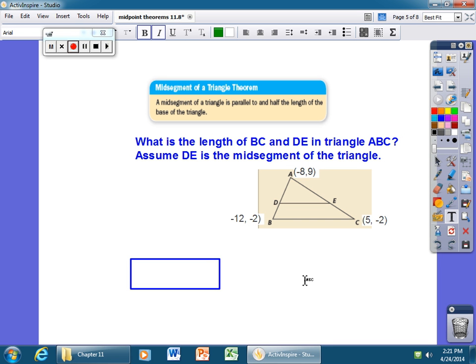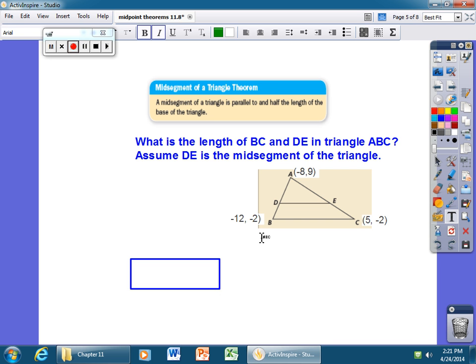Now again, to be a midsegment, first it's going to have to be parallel to the base, and it also is going to have to cut these two sides into midsegment pieces.